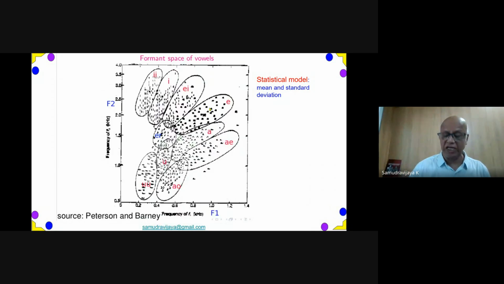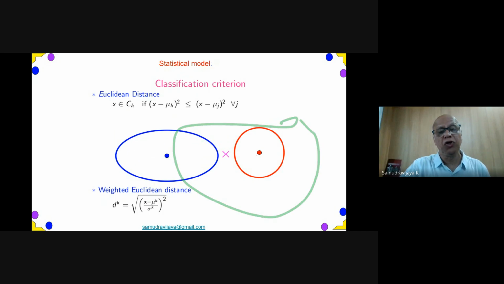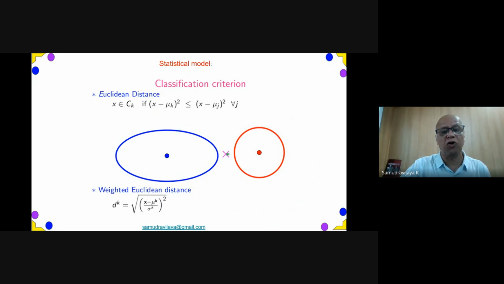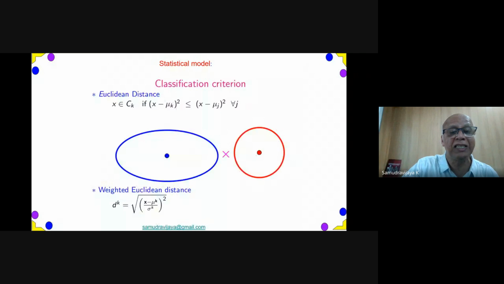So statistical models are used, and when a new data point comes, let's say this cross that you see here, whether this cross belongs to the blue vowel or the red vowel, what do you find out? You find out the distance of the cross to the centers of these clusters. Whichever distance is lower, we say that it belongs to that cluster. But you also look at the spread.